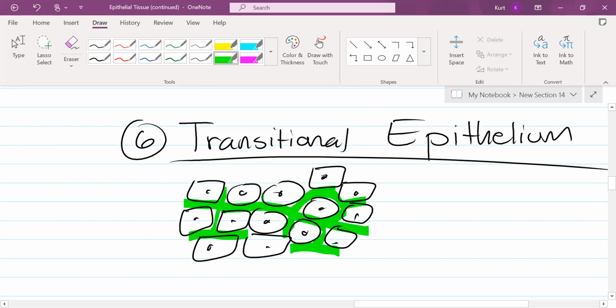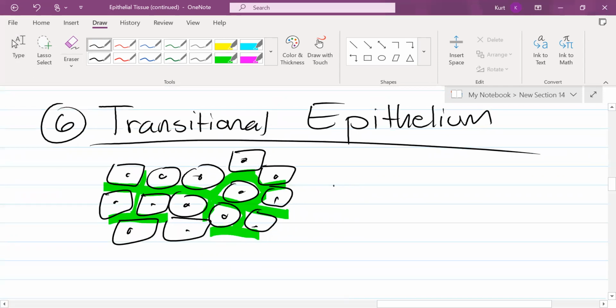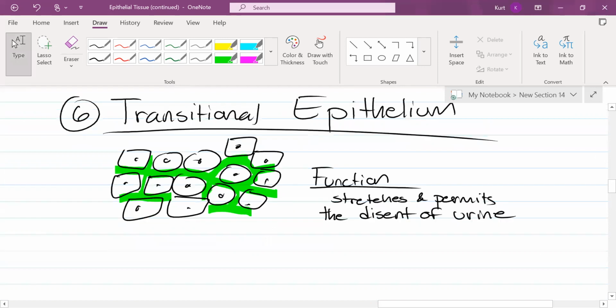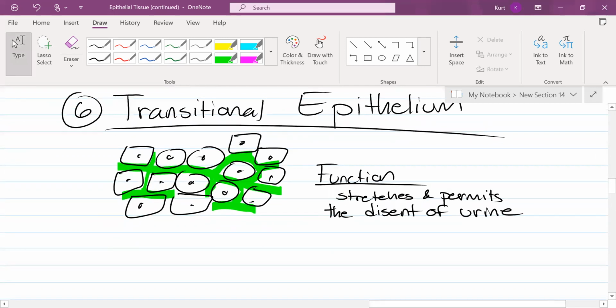This tissue has the ability to stretch. So based on that function, it stretches and permits the descent of urine.